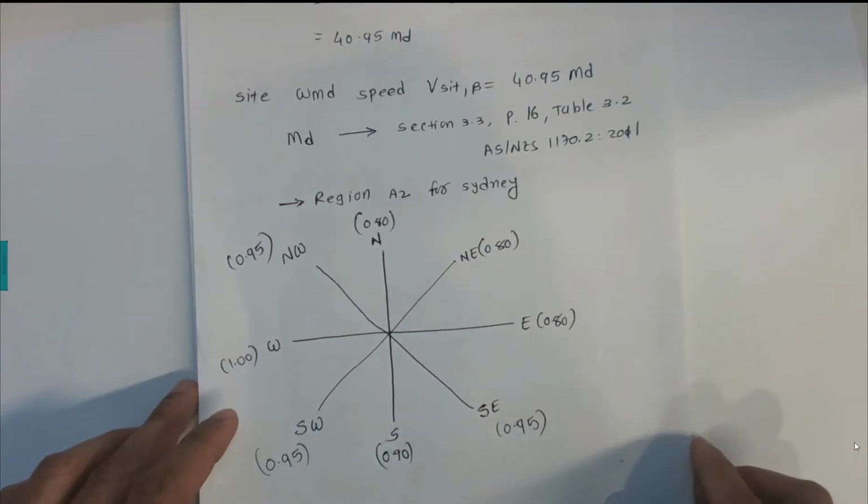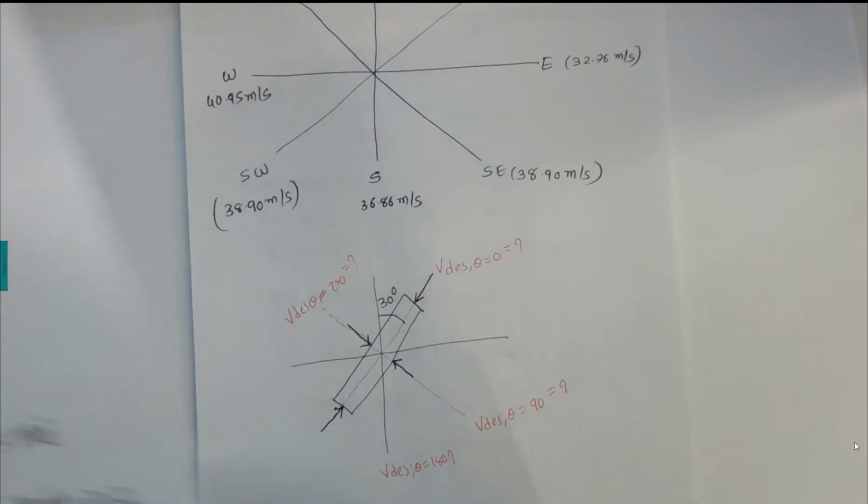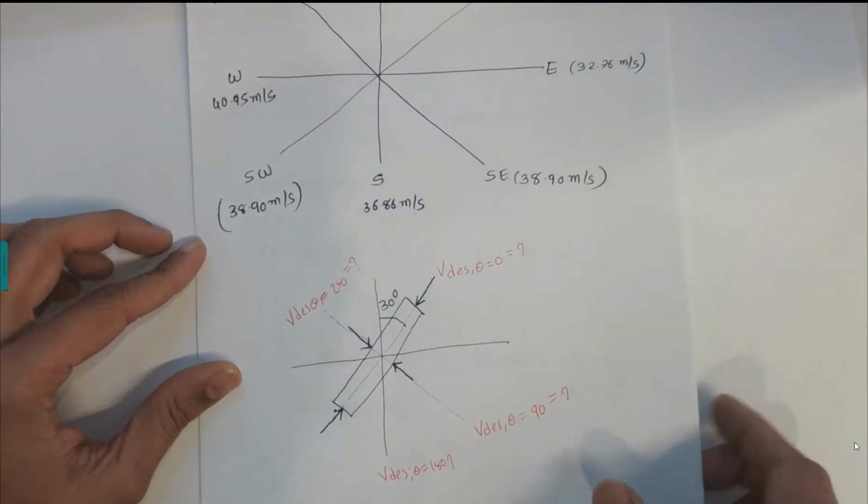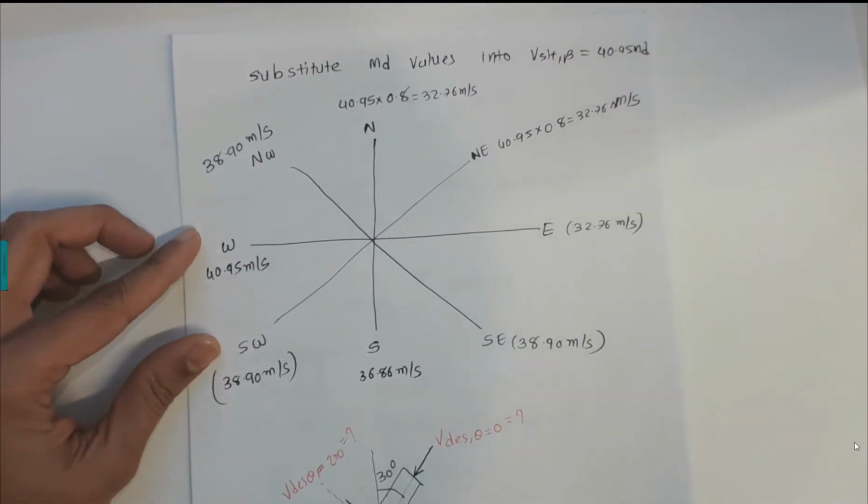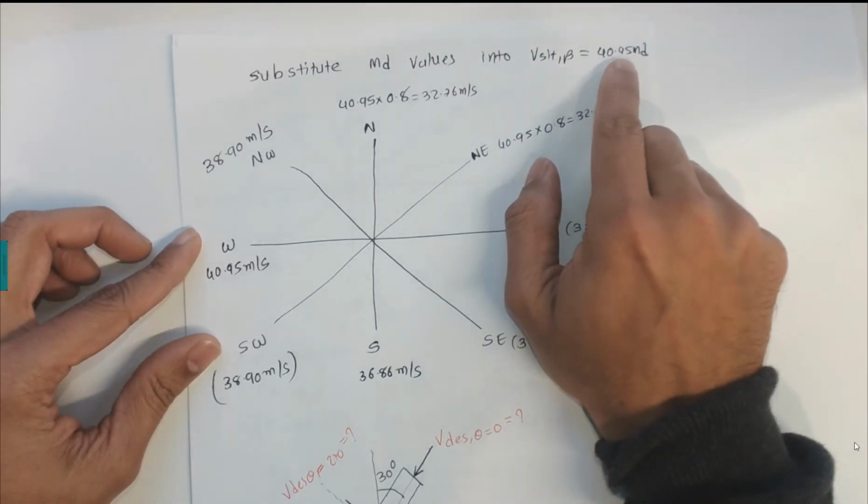Once you find the MD value, we can substitute it into the equation. V site beta is equal to 40.95 MD.